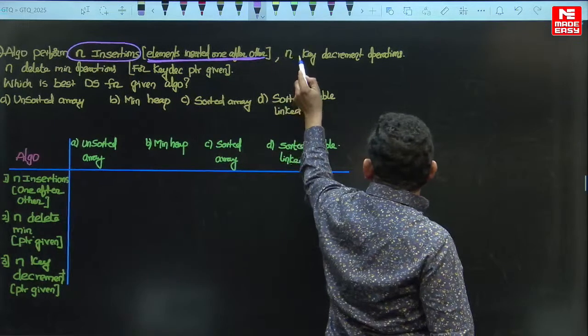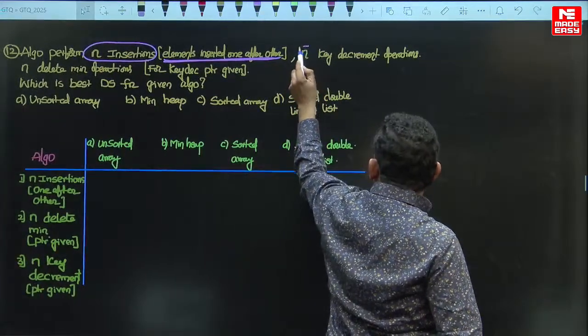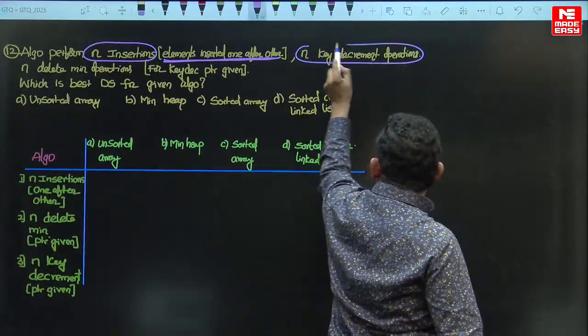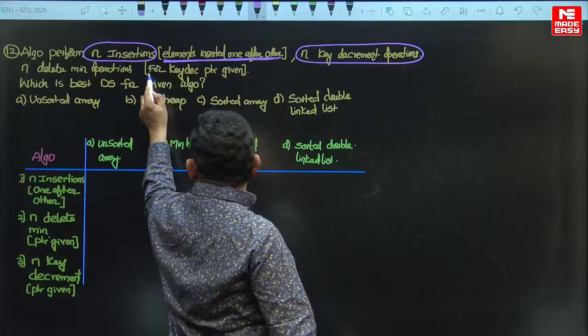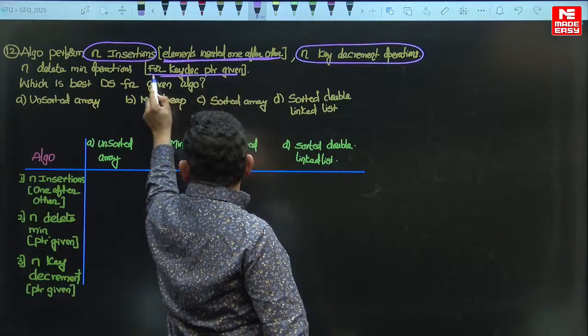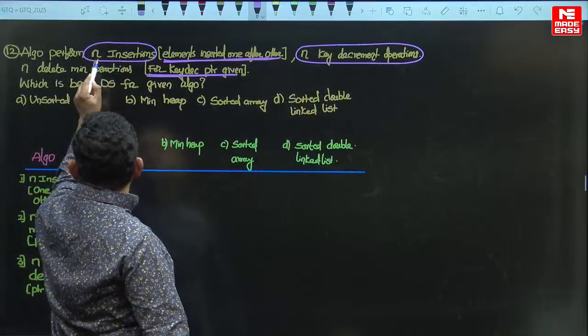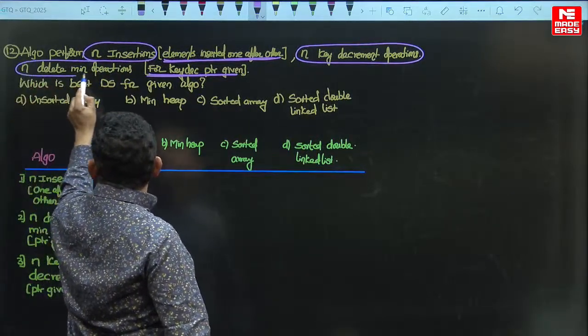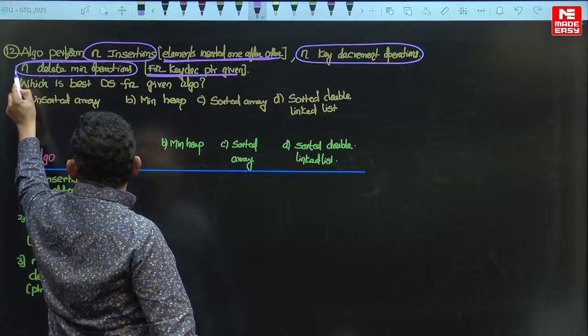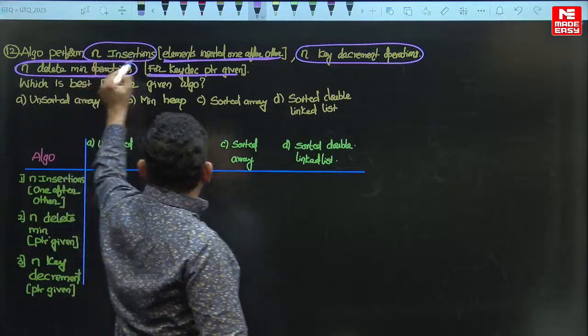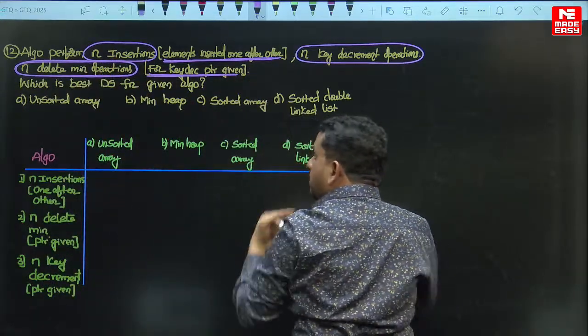Then n key decrements, with a pointer given to where to decrease the key. Then n delete max operations, or n delete min operations. So these are the three things the algorithm is required to do.